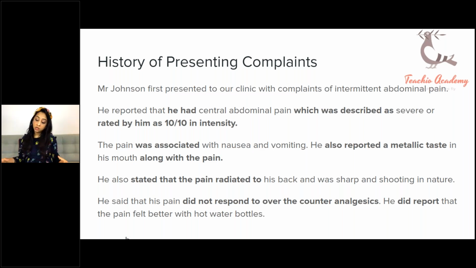Okay, because it's an abnormal phrase to use, you can use the in quotes method, which is basically whenever you're quoting the patient. Quoting means that you're using the patient's words. That can often happen on your OET, that they say that the patient reports pain as something sitting on top of his chest. So you're going to write the patient reported the pain as, and you're going to put in quotes, something sitting on top of his chest.